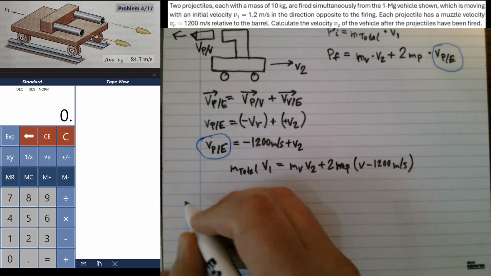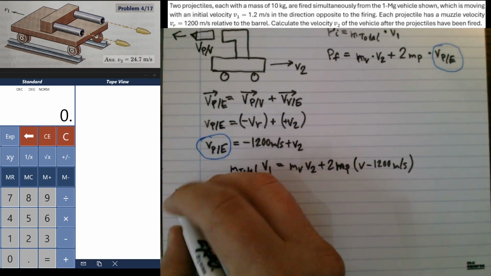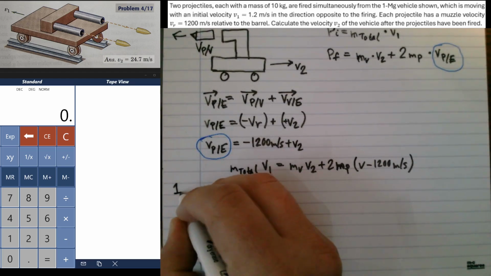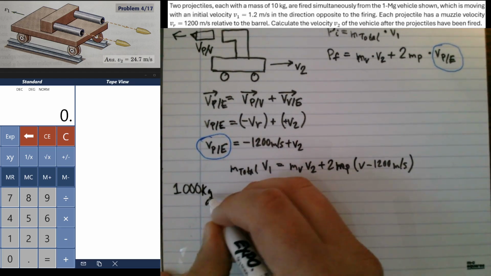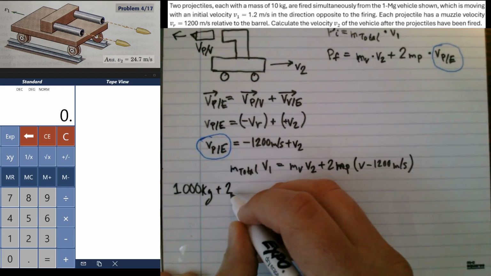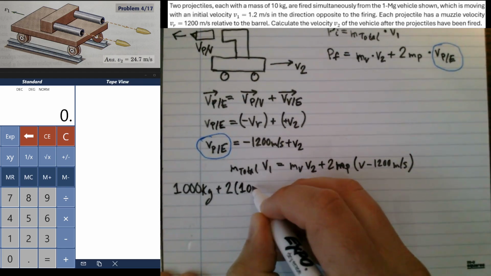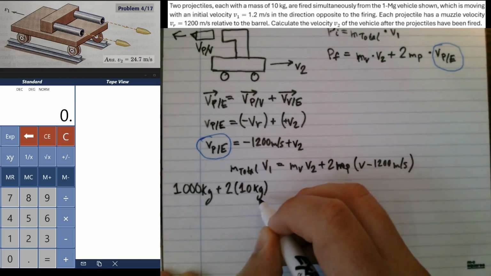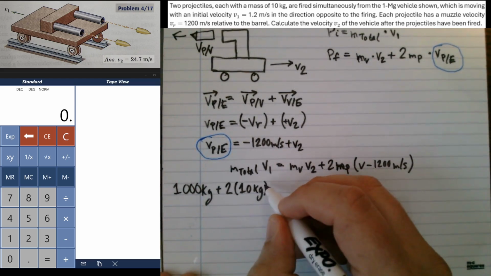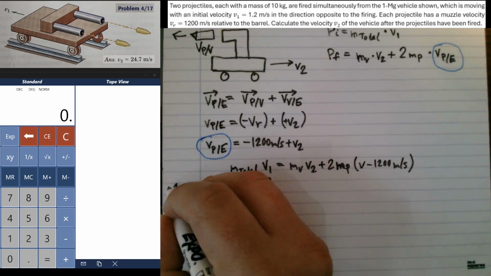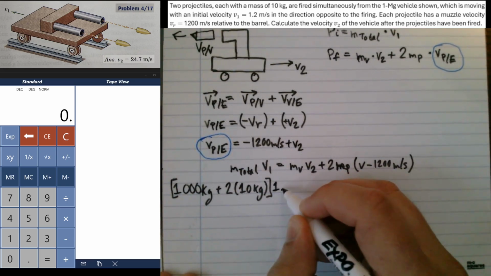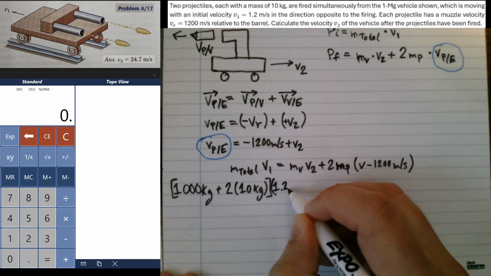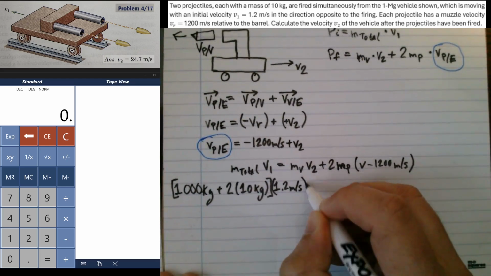Our total mass before the projectiles are launched is 1,000 kilograms for the vehicle, plus 2 projectiles, so 2 times 10 kilograms, all multiplied by its velocity of 1.2 meters per second.